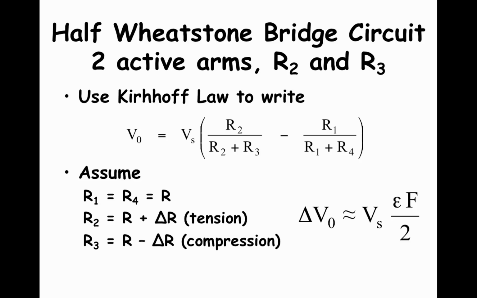To make our lives easier, we will assume the resistances of arms 1 and 4 are the same and equal to R. Then we will say that the resistance for arm 2 is a strain gauge in tension and R2 equals R plus delta R. The resistance for arm 3 is a strain gauge in compression and R3 is equal to R minus delta R. After we make the substitutions and simplify the equation, we get that the change in the output voltage of a Wheatstone bridge circuit with 2 active arms with 1 strain gauge in tension and 1 in compression is approximately equal to Vs times epsilon times F divided by 2.